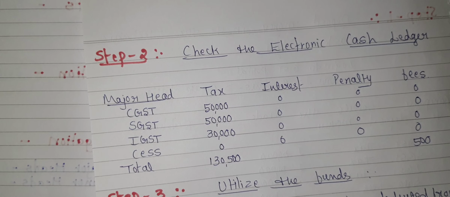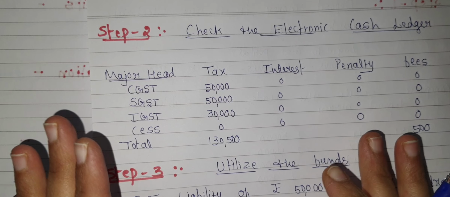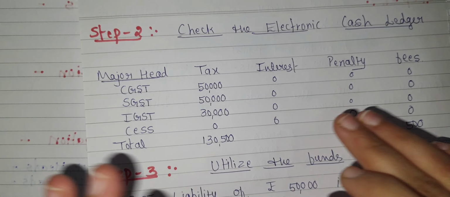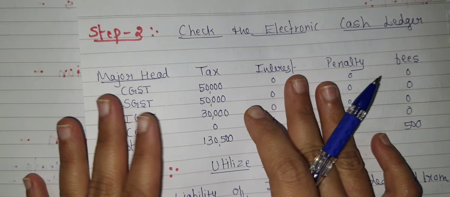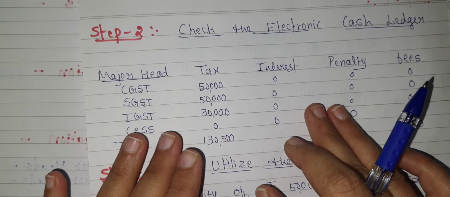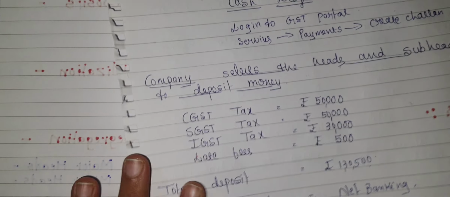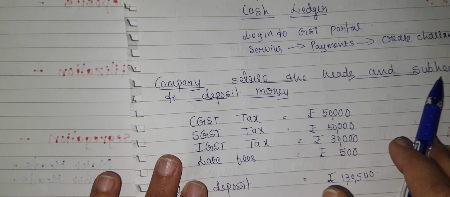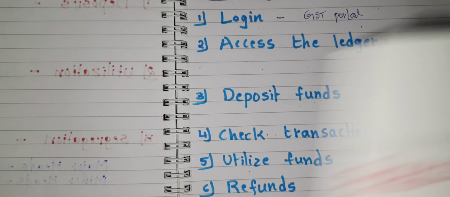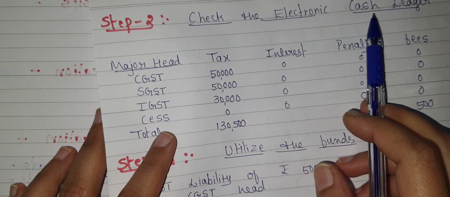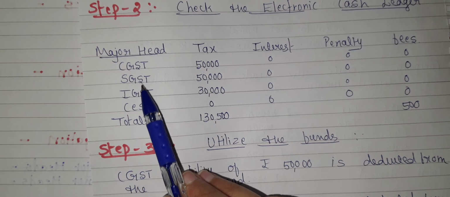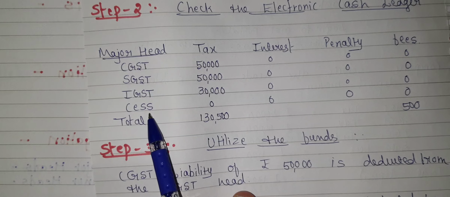It means, see here, after depositing rupees 1,30,500, the ledger shows the following balances. In step 1, the company already selected the heads and subheads, the major and minor heads. After depositing, the ledger shows the following balances. The major heads are CGST, SGST, IGST and cess.